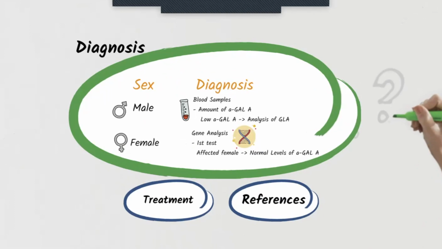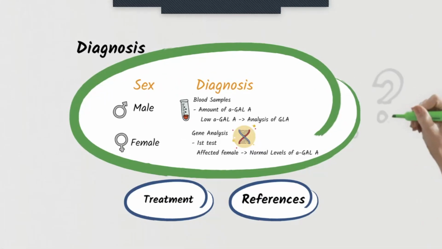However, in the non-classical type, there is a little bit of alpha-galactosidase, but not enough. In the case of females, a blood sampling test is not always useful due to the fact that females can have Fabry disease with normal levels of alpha-galactosidase. So in this case, a gene sequence analysis is preferred.